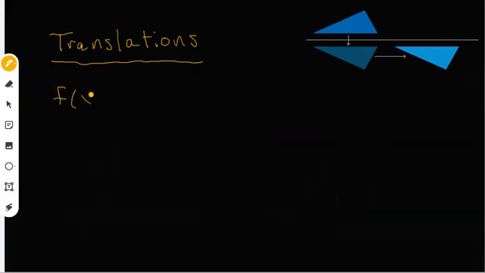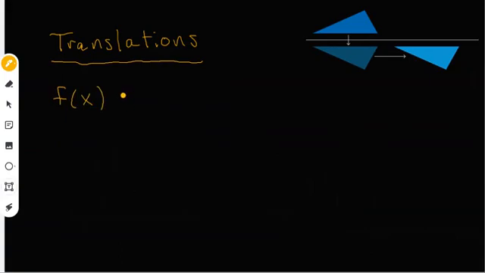Okay, so let's talk about translations. Typically when you go up, what you're doing is you're adding a number to the function.